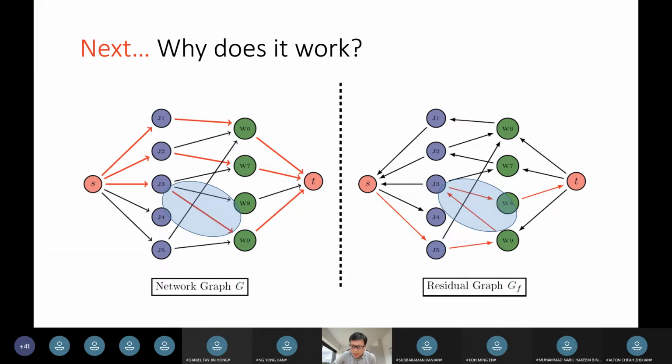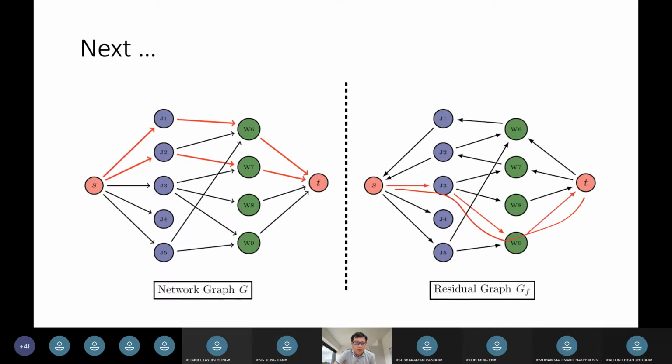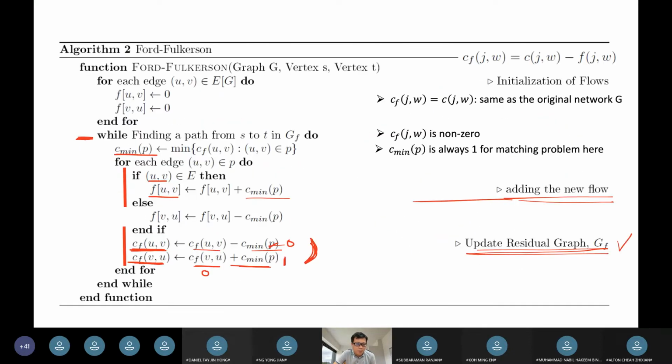Okay, we're back to the original algorithm, step by step. Find a path, then this step is just finding the minimum capacity.